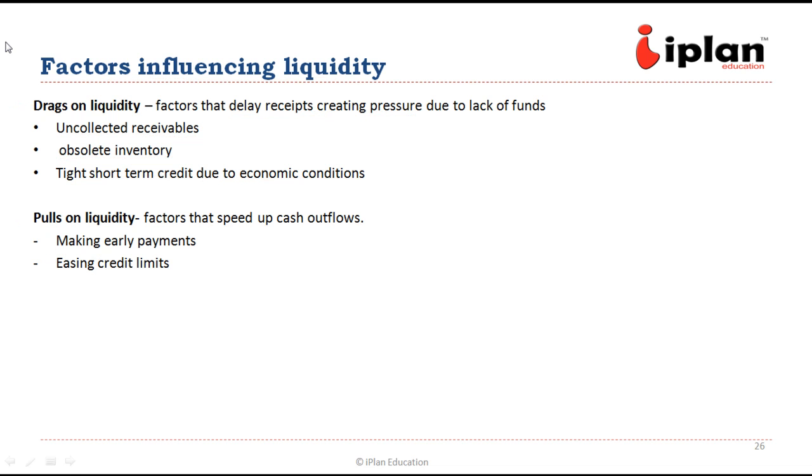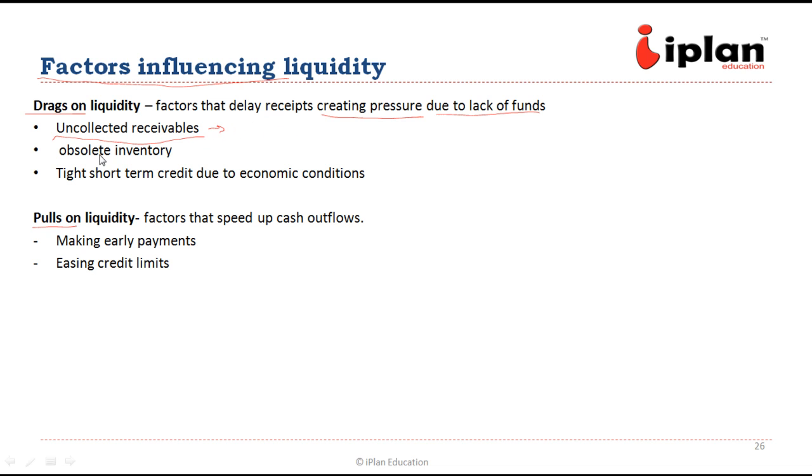Here we look at the factors influencing liquidity. There are two kinds of factors. One is drag on liquidity, another is pull. Let us look at the drag, which creates pressure due to lack of funds. The first is uncollected receivables. This indicates we have already sold the goods and they are accounts receivable, but we are not able to collect them on time.